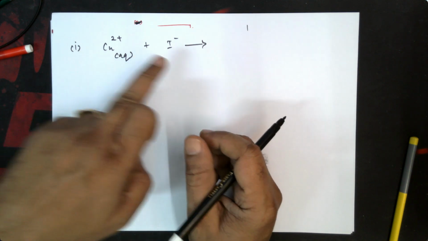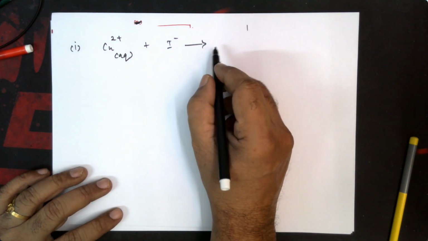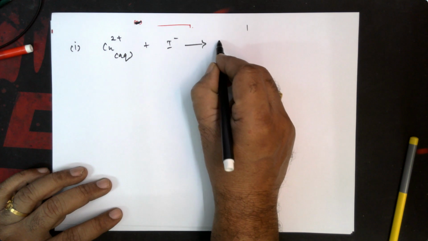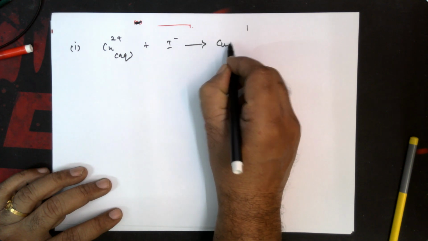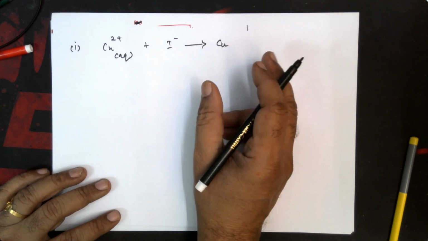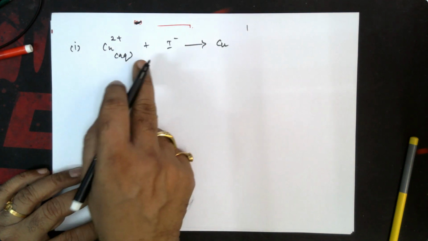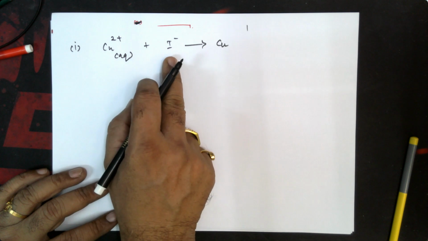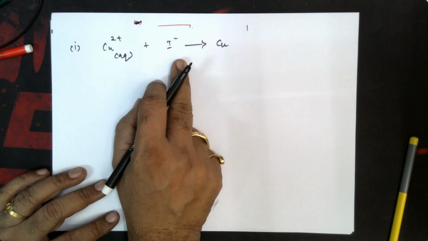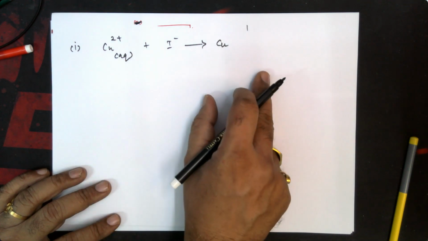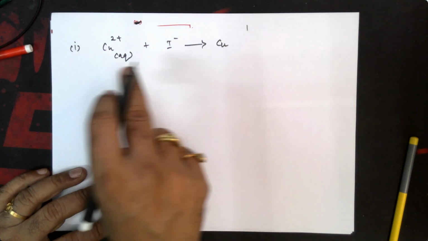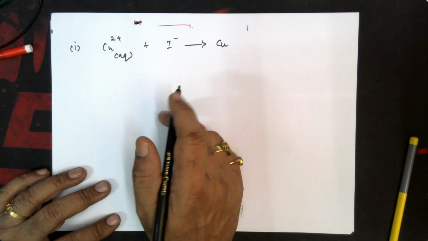So it can combine as copper iodide, and when you say copper iodide, it can either be copper 1 iodide or copper 2 iodide. But since it is a redox reaction, we have to give the other product, either the oxidation product or the reduction product.